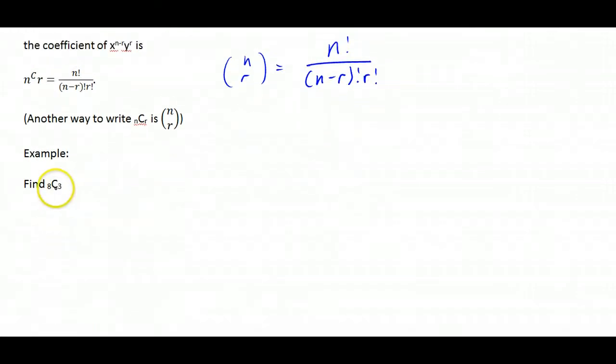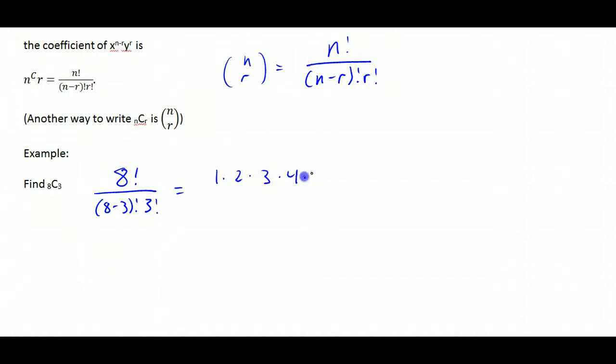So if we need to find the combination of 8 over 3, that's going to be 8 factorial over 8 minus 3 factorial times 3 factorial. And remember that factorial means 1 times 2 times 3 times 4 times 5 times 6 times 7 times 8.